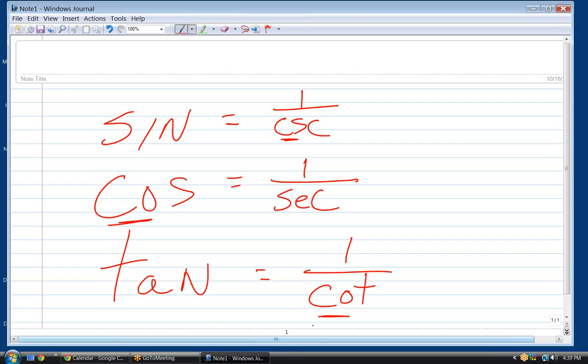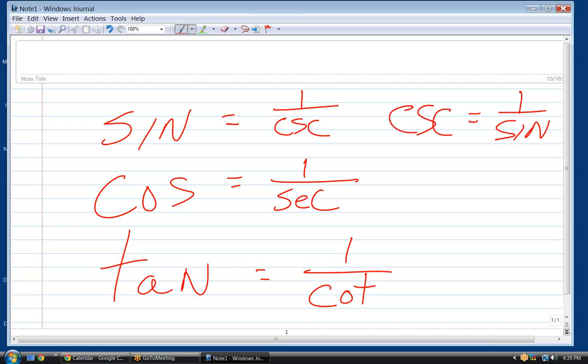So as long as you can remember cotangent goes with tangent, you can always figure out which one goes with sine, which one goes with cosine. Let me just write that down. And of course the reverses of these are true also. In other words, if that's the reciprocal, then this is also true.